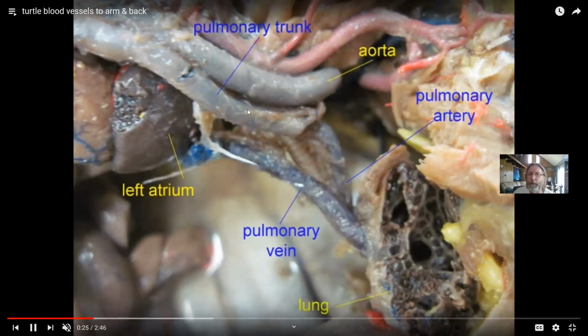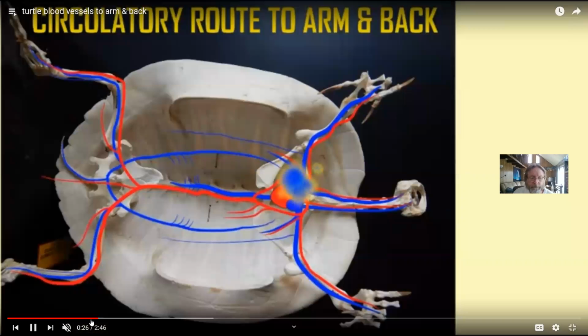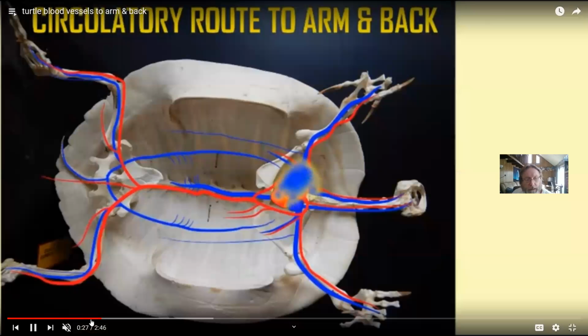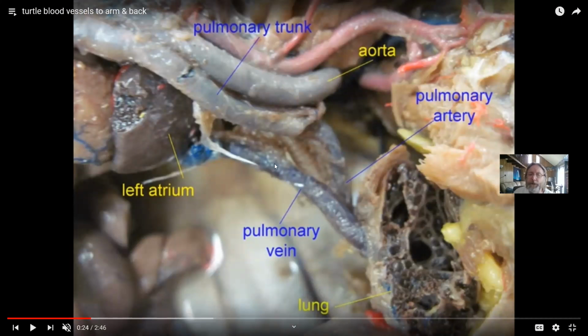Blood will go from the pulmonary trunk, to the pulmonary artery, to the lungs to become oxygenated, come back, the pulmonary vein to the left atrium to then be sent out.